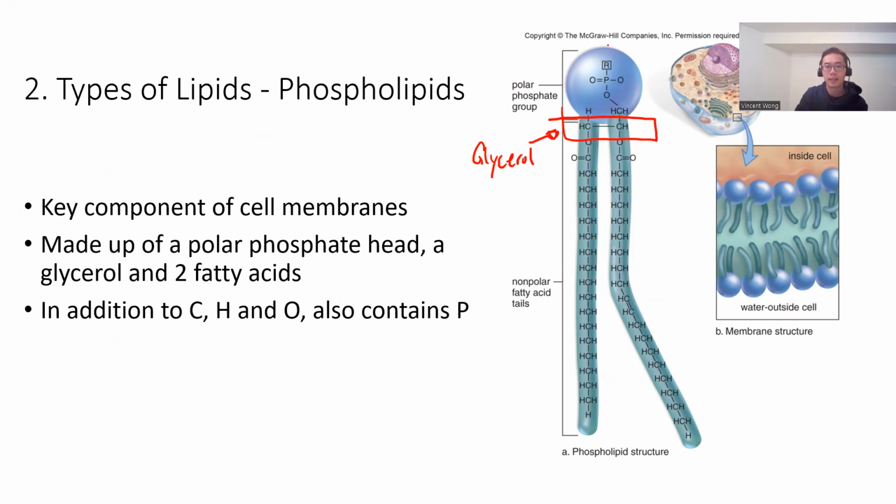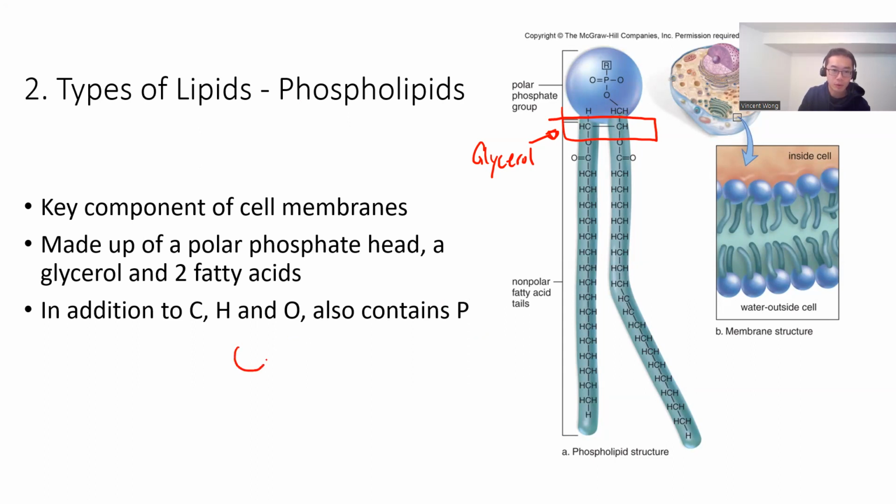And then you got the head here, the polar head. So the phospholipid has C, H and O, but it also contains a little bit of phosphate. That's the one that's going to show up in the head. A trace of phosphate makes the molecule a little bit interesting.